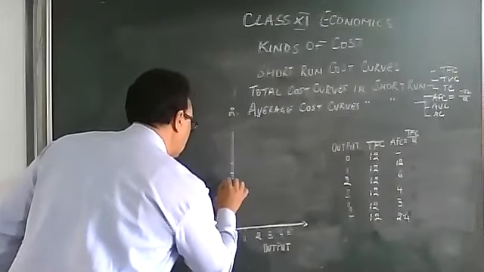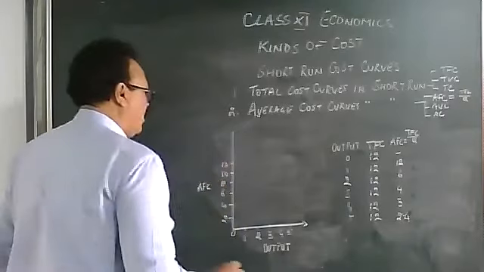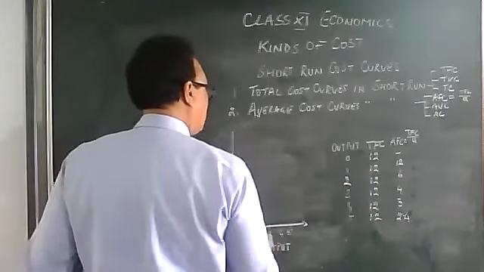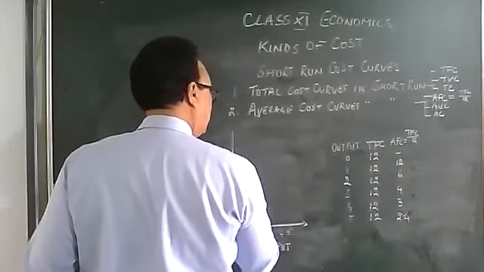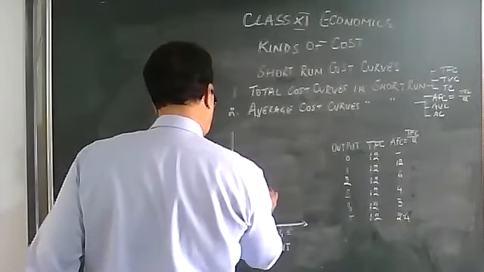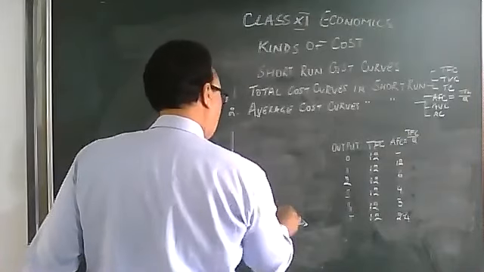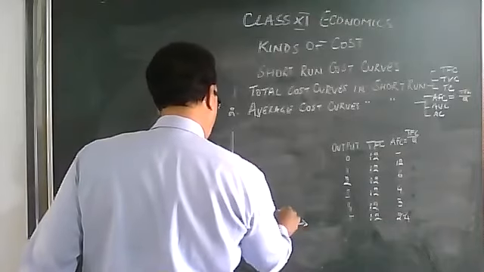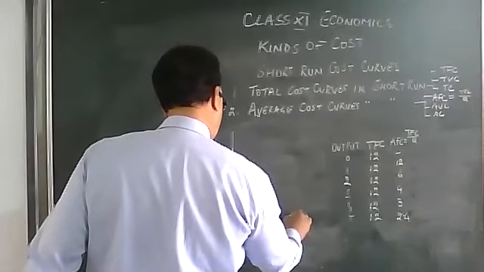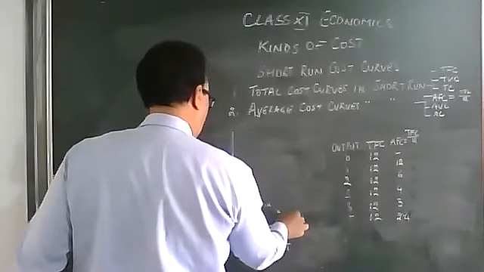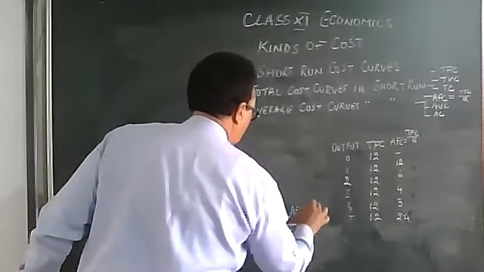Plotted, output 0 is nothing. 1 is 12. 2 is 6. 3 is 4. 4 is 3. And 5 is 2 point something. Join the points. Average fixed cost.